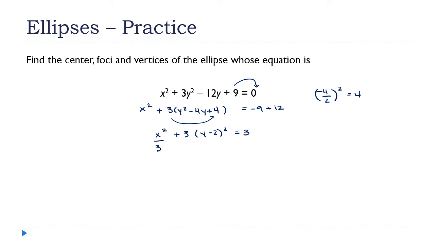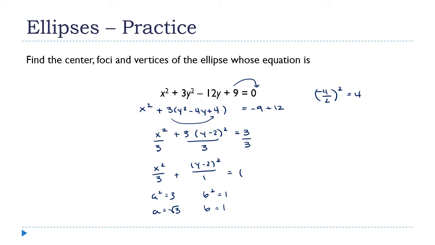Divide everything by 3, and we get x squared over 3 plus (y minus 2) squared over 1 is equal to 1. Okay, so the 3 is bigger. That means a squared equals 3, so a is the square root of 3. B squared equals 1, so b is 1.